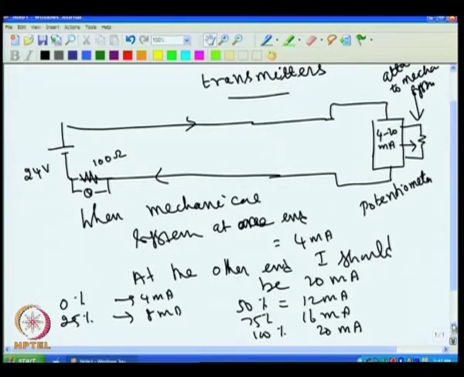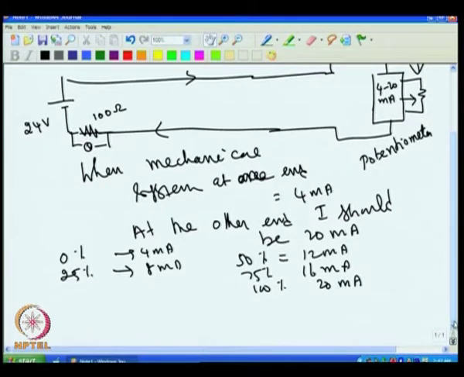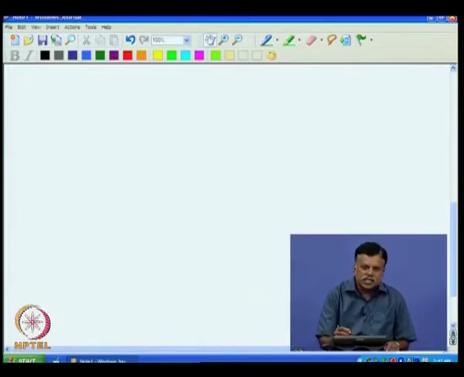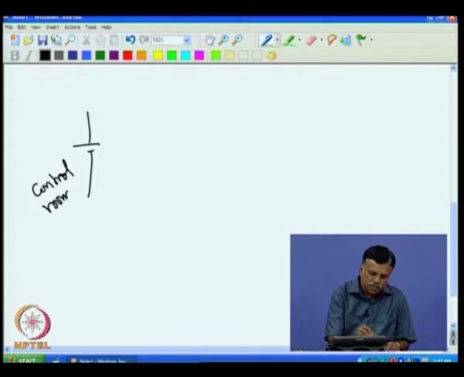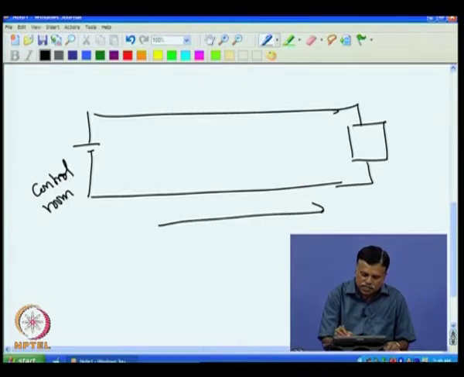Now, why is this system very popular, and why is it still used? What is the basic reason for this? Actually, this system is used mainly because it is not prone to noise. Normally this will be in the control room in a process control industry, and the mechanical system will be in the field, and the distance between these two can be up to 1 kilometer.